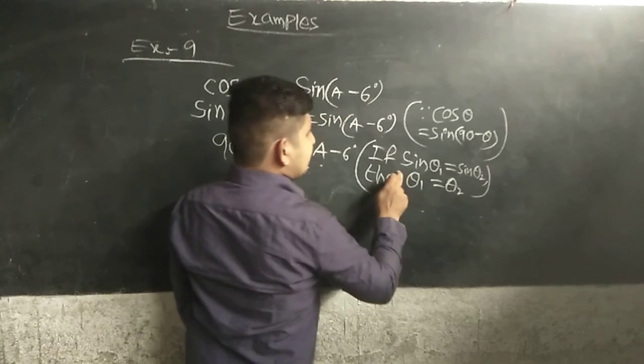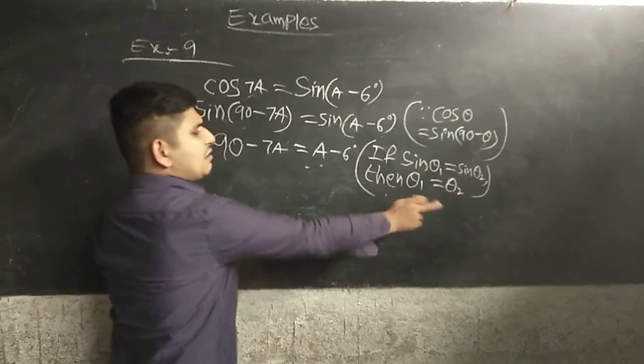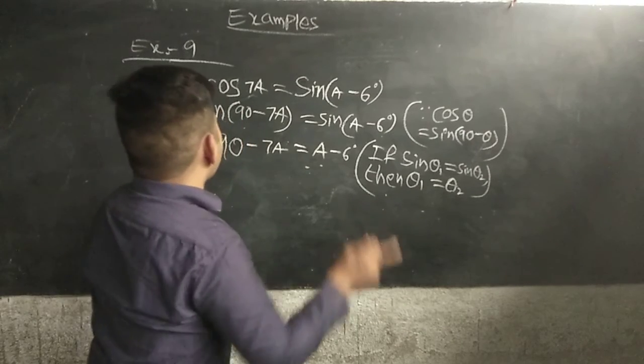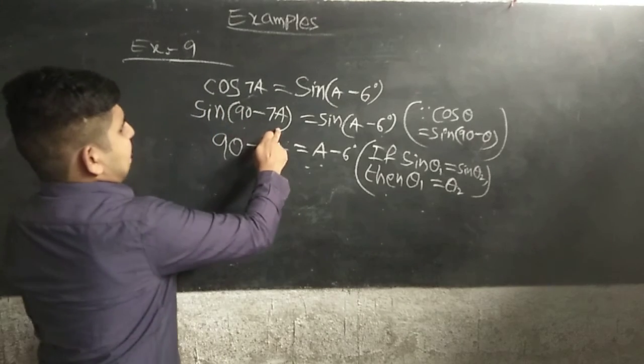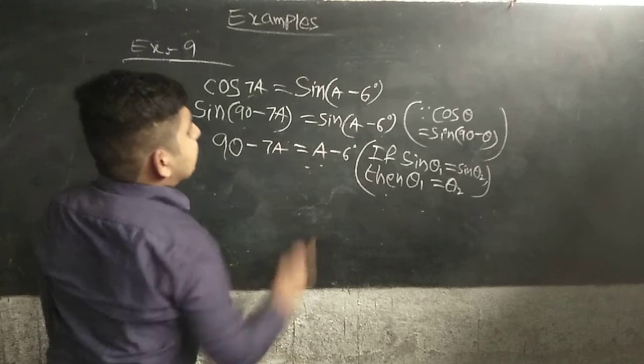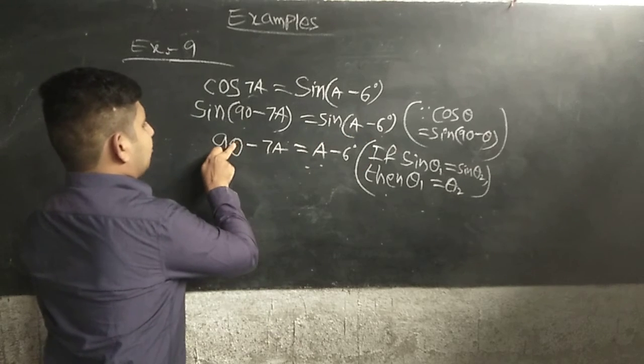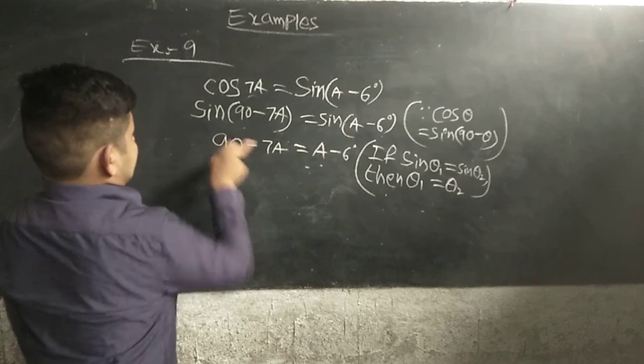According to this statement, if sin 90 minus 70 equal to sin A minus 60 degrees, then 90 minus 70 equal to A minus 60 degrees.